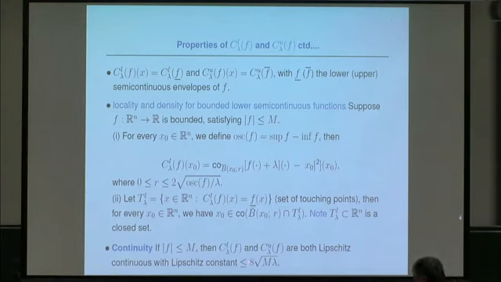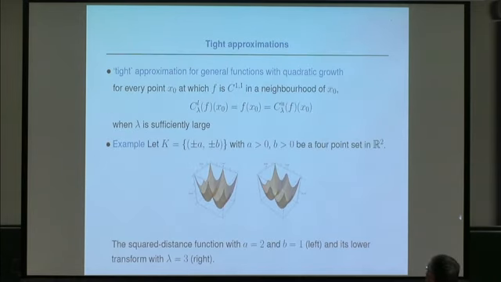It's not hard to establish. All right, tight approximation. This is different from Moreau now. The Moreau envelope is not tight. There are very limited situations where you can calculate the Moreau envelope explicitly.